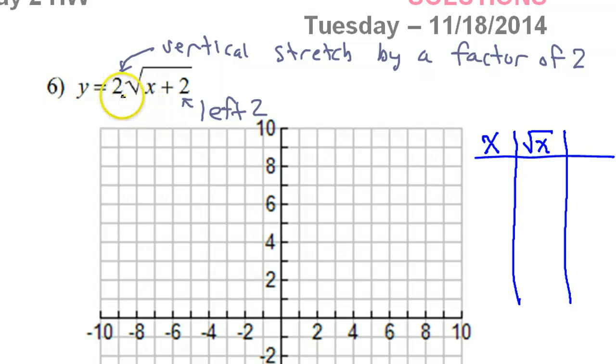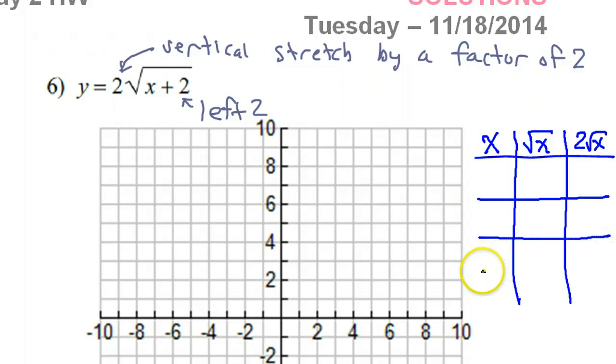And in the third column, we will apply the a value, so 2 times the parent function. So let's use the same 4 x values that we always use because they are easy to take the square root. And that's going to be 0, 1, 4, and 9. Of course, if we take the square root of those, we get 0, 1, 2, and 3.